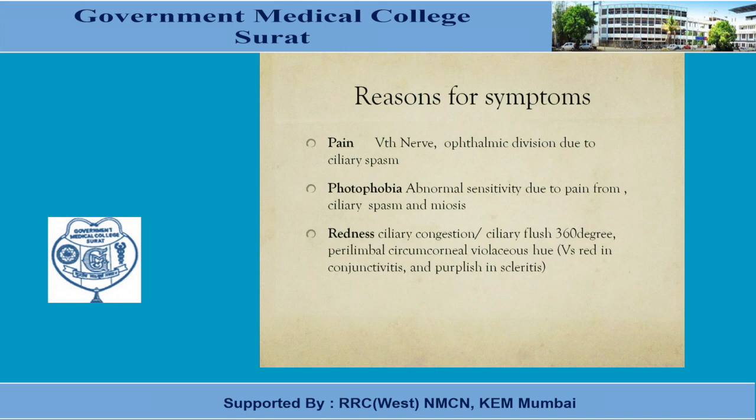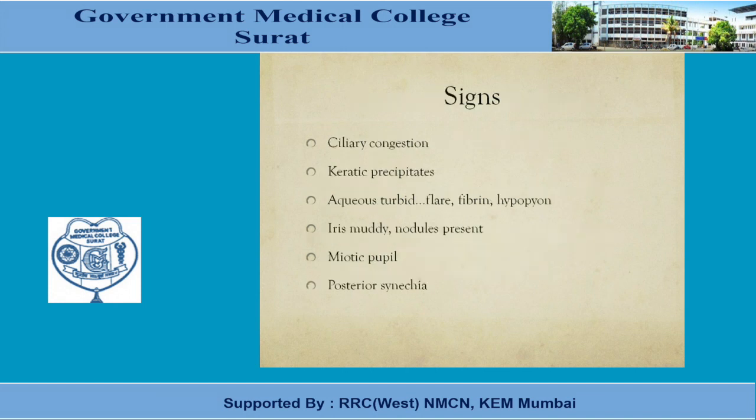Next. So, one we told about ciliary congestion. Now, what happens is because of inflammation, there are many inflammatory cells in the anterior chamber. What does the anterior chamber contain? Aqueous humor. So it's a fluid. So they roam around in the aqueous.